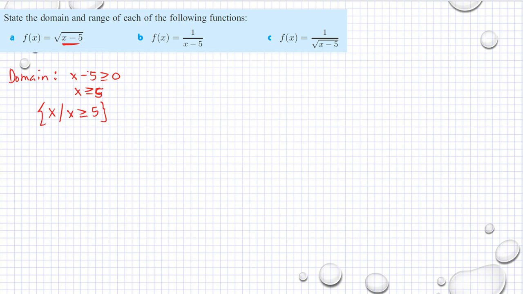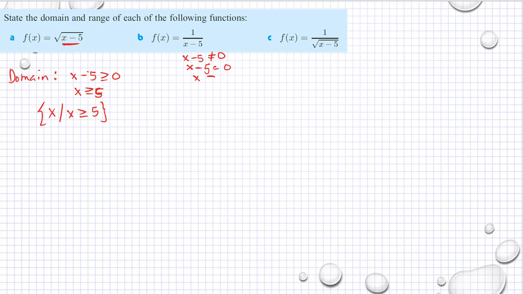Our domain in B, as you can see here, x minus 5 should not be equal to 0. So that means I can have all the values of x except when x minus 5 is equal to 0.